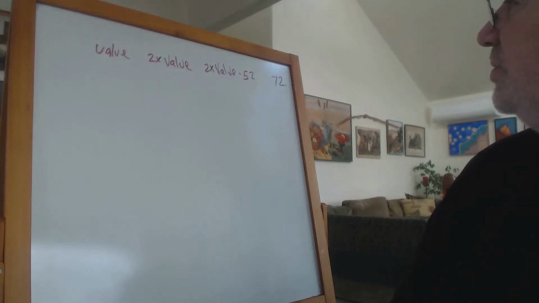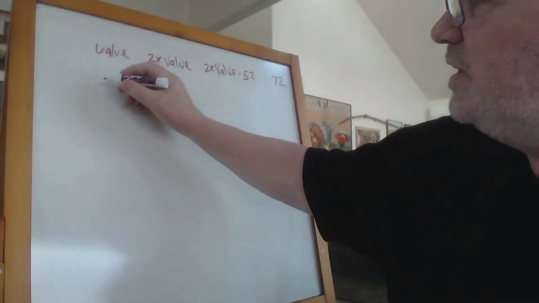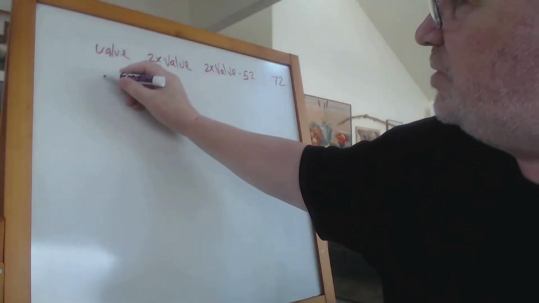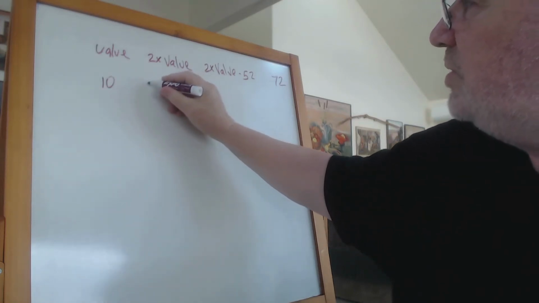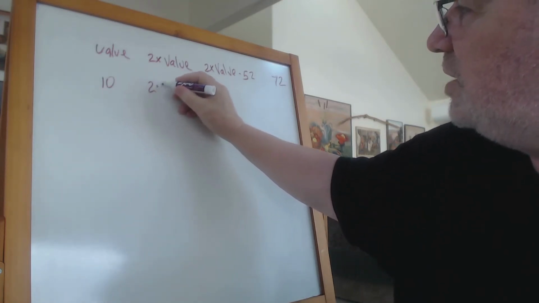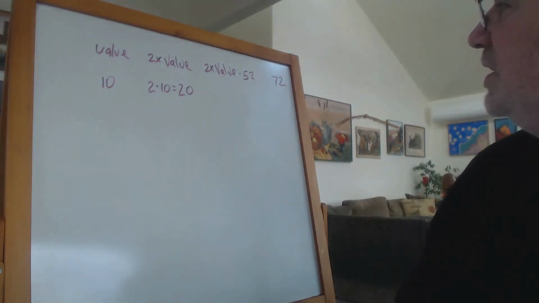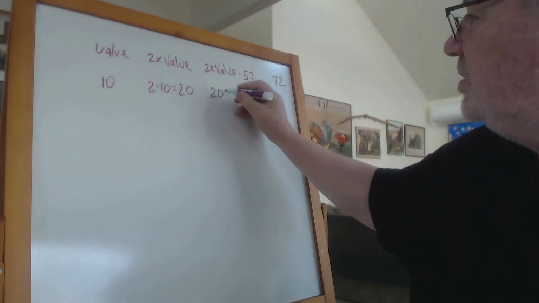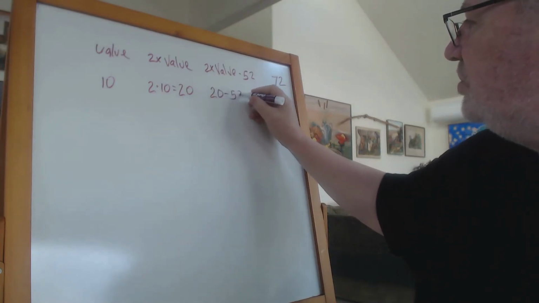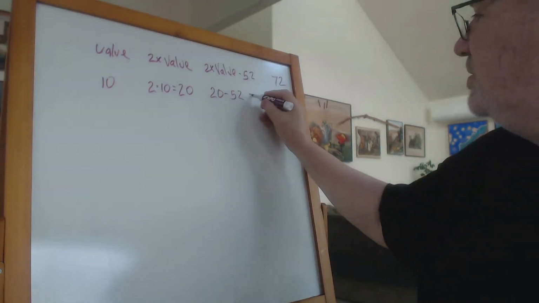Well, without algebra, we have to guess. So we can set up a table and say that our value is 10. 2 times that value is 2 times 10, or 20. And then 20 minus 52 equals 72.